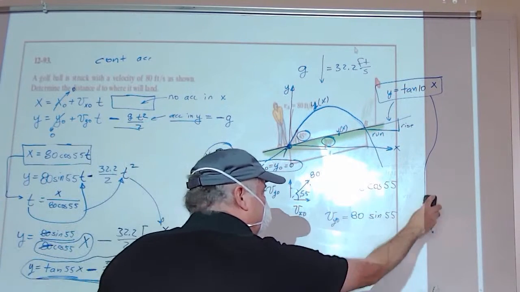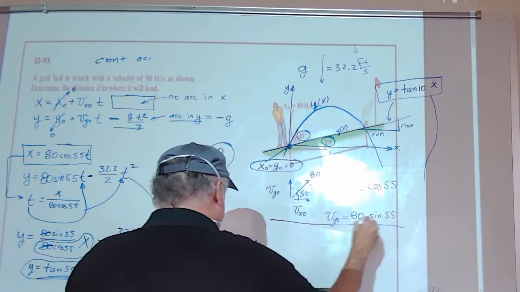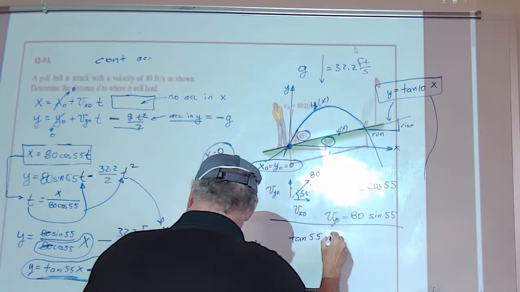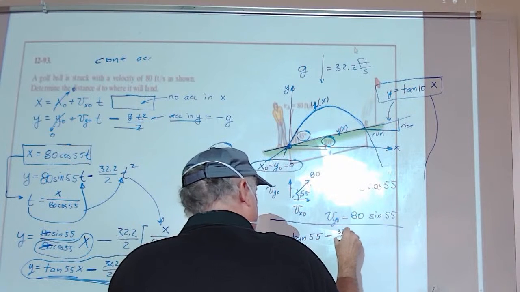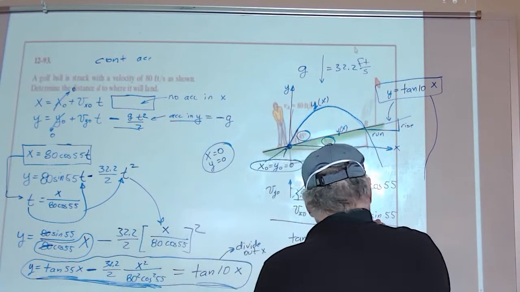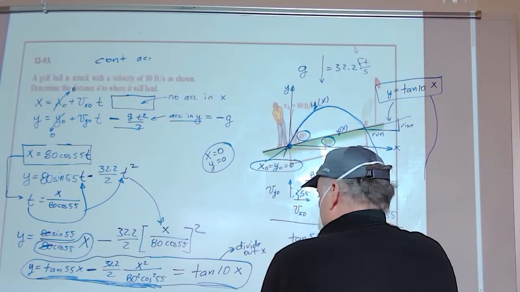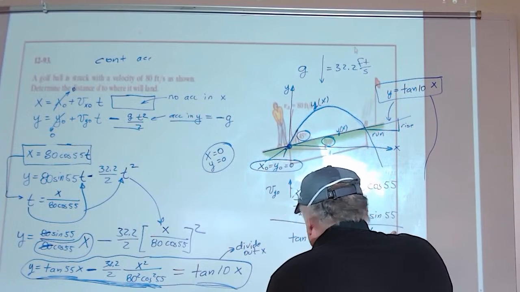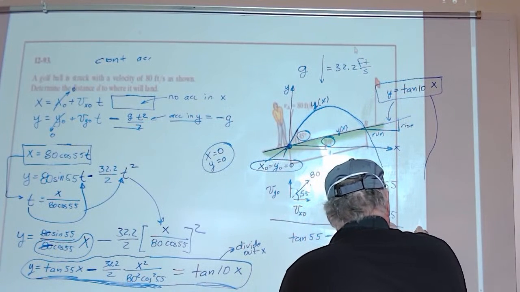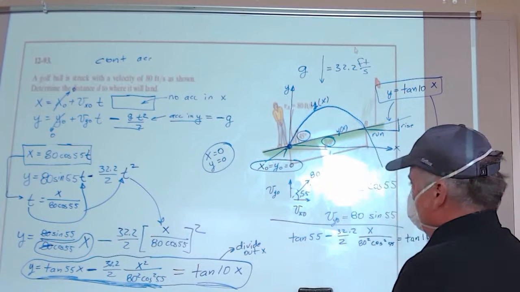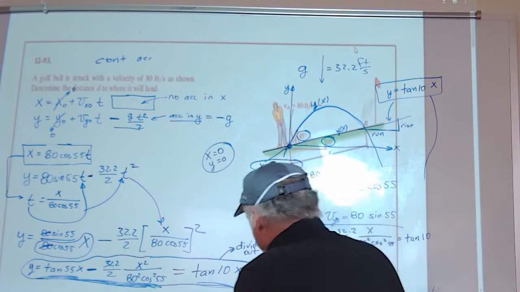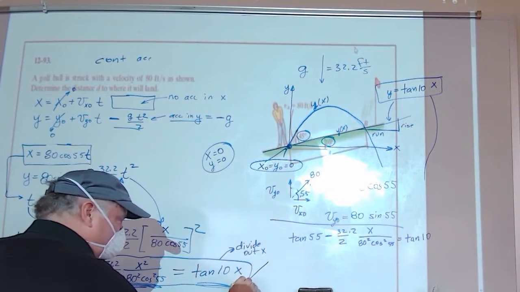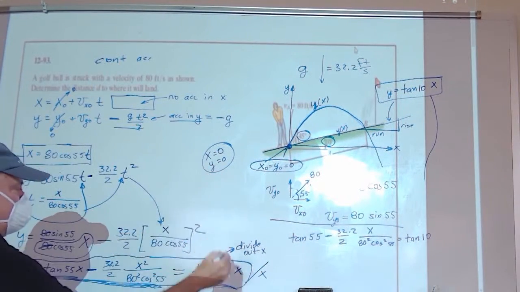because you can do that, you would have tangent of 55 minus 32.2 over 2 x over 80 squared cosine squared of 55 equals tangent of 10. So I divided out one of the x's. In other words, I divide the whole equation by x. And I can do that, take out the x.